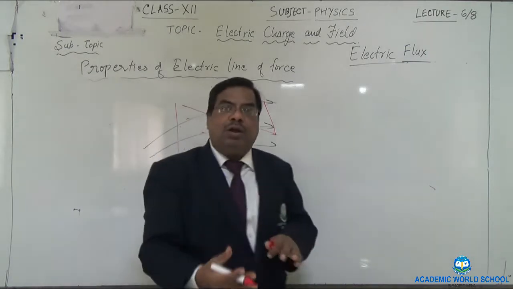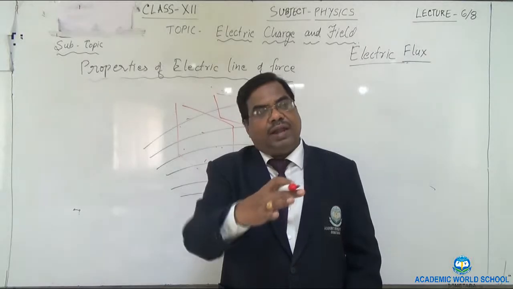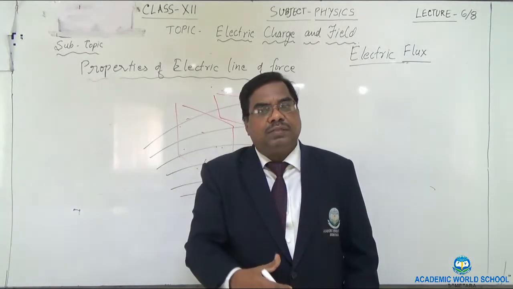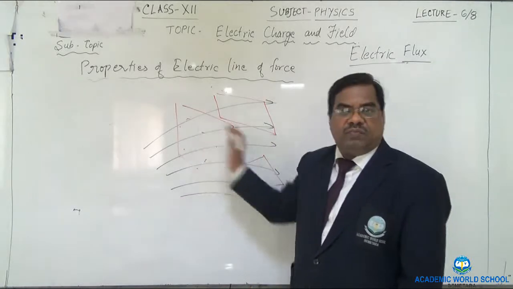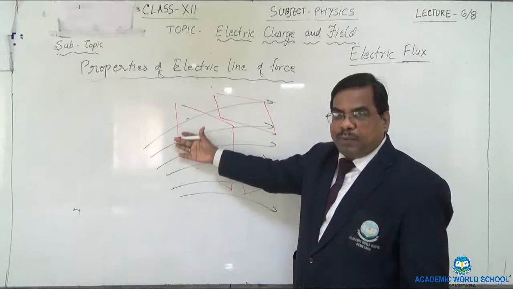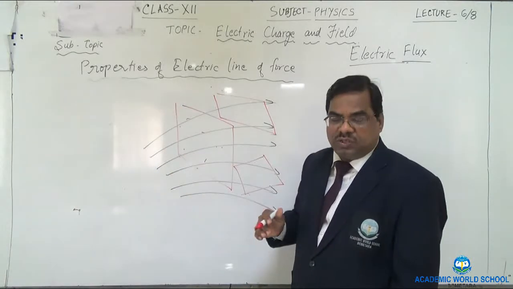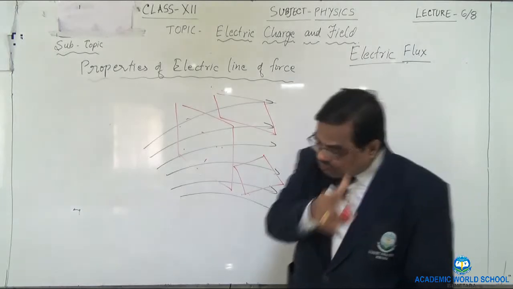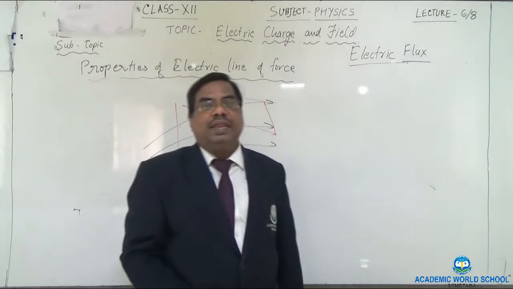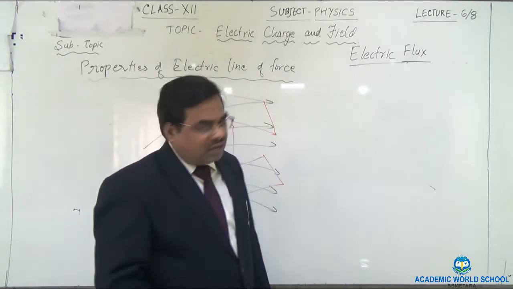So depending on the nature of the area and on the orientation of this plane, the flux can be different. If it is vertically perpendicular to this, more number of lines will be passing through this. So therefore we will understand one more term, and that is area vector. First we will understand flux.